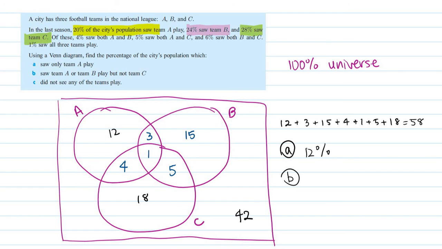So it's everything like this, like the Mickey Mouse ears, I guess we could call that. We'll add all of those up: 12 plus 3 plus 15 equals 30. So 30% of the population watched Teams A and B, but not C.